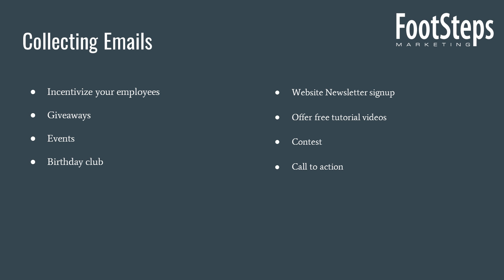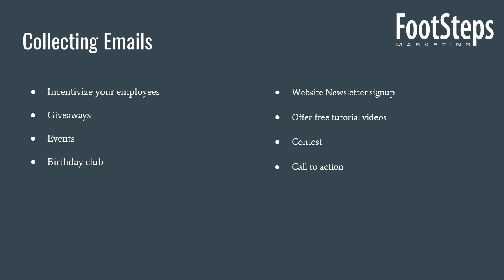So what this means is that if you have an iPad or a cell phone or anything, or even a piece of paper just by a cash register, you could always incentivize your employees to ask your customers and say, hey, we have a lot of sales going on, or if you ever want to see what we have in store or any of our new products or events, if you give us your email, we can go ahead and add you to our email list so you can get our newsletter every month. That's something that's super easy. It's word of mouth, and it can go a long way.